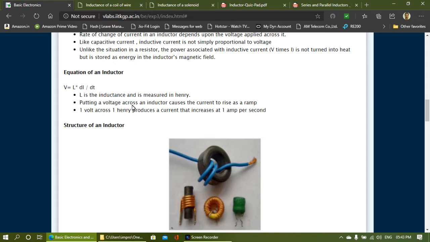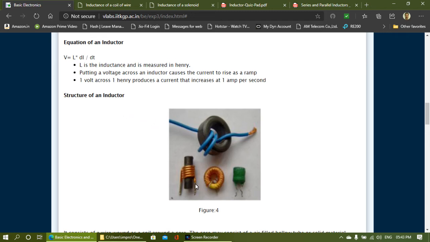Putting a voltage across an inductor causes the current to rise as a ramp, and 1 volt across 1 Henry produces a current that increases at 1 ampere per second. Clear? This is your di by dt, 1 ampere per second, if the voltage is 1 volt and L is 1 Henry.